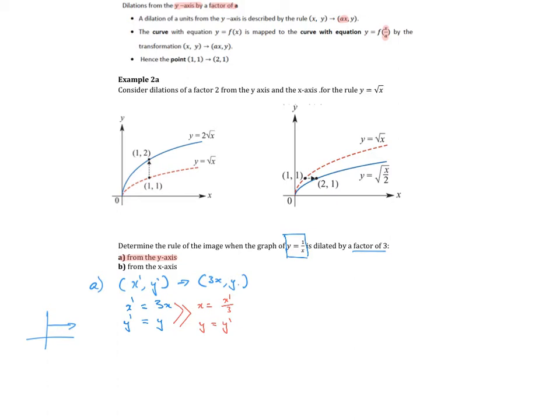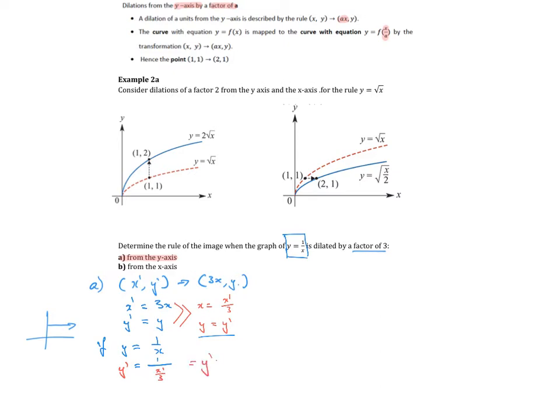So if y is equal to 1 on x, then the y value here is y dashed is equal to 1 over the x value, which is x dashed on 3. So 1 divided by, we can simplify that.